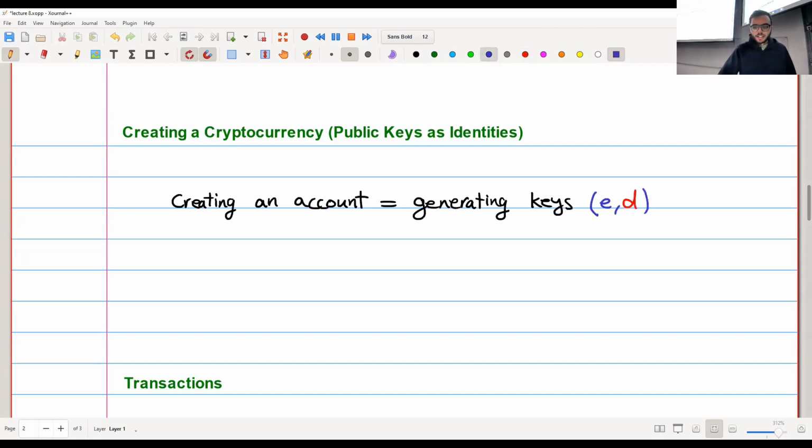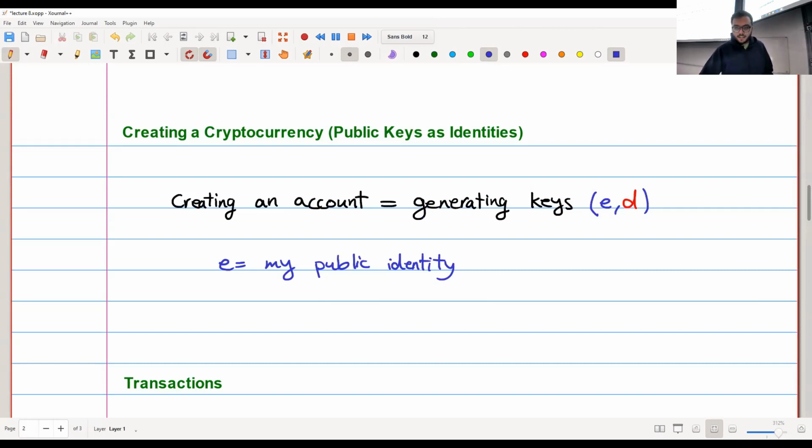This is how I create an account. And then I say E is basically my public identity. So in my cryptocurrency, I will never use a real world name. I will just use this name E. That's how anyone else can refer to my account.